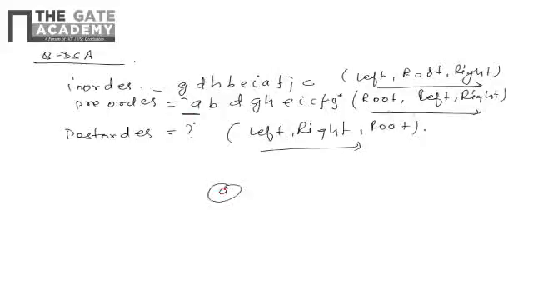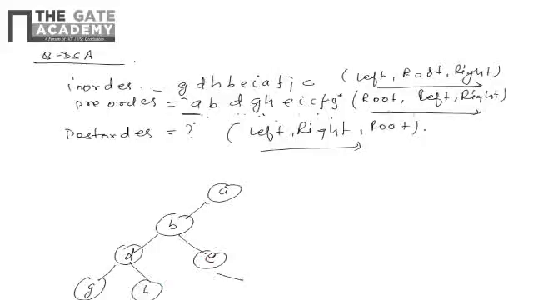Then B D G H, and then E I C F J. B will be the left part, and D G H. D will be the next, so D will come here, then G and H, and this E, and then I.